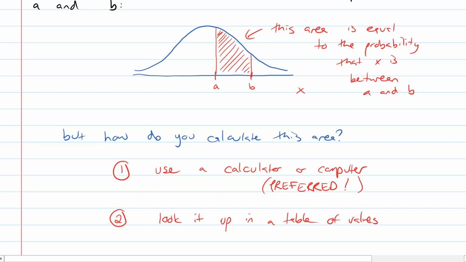Mostly because during a test you wouldn't have access to the kind of calculational tools that you could find on a computer. There are calculators that will do this, but I have not required that students get a calculator with the stats package for this class. So normally I would hand out a set of tables and we'd go from there.